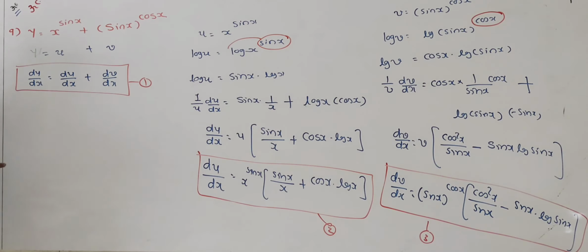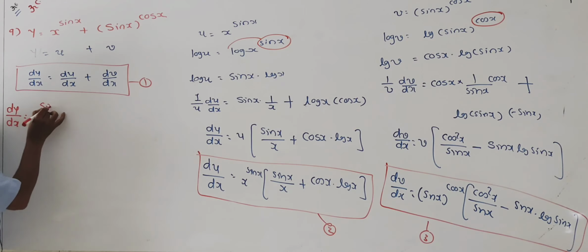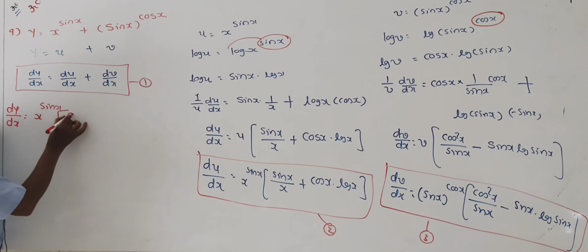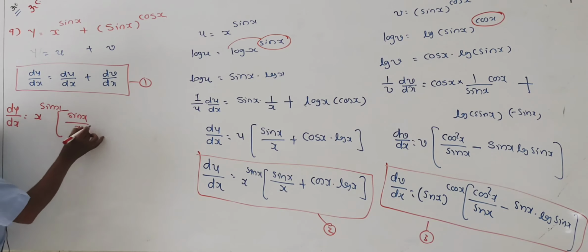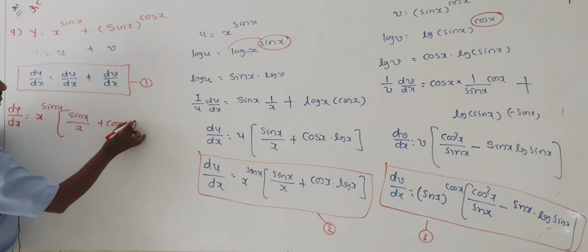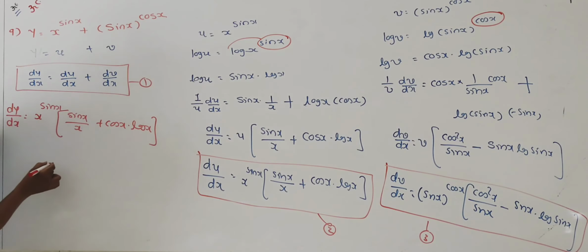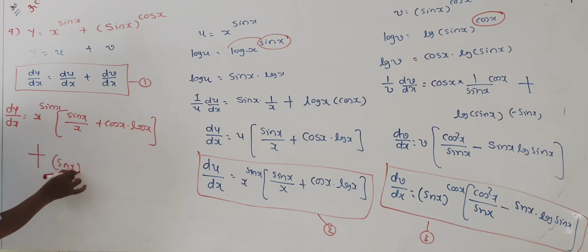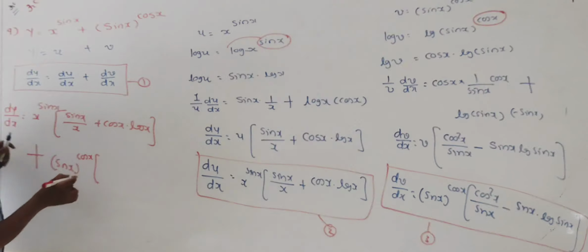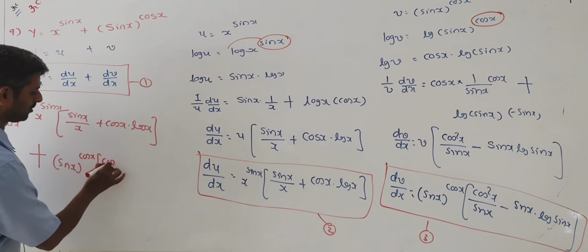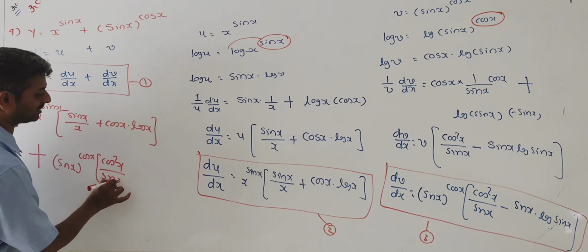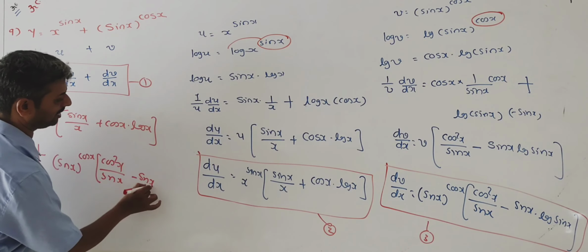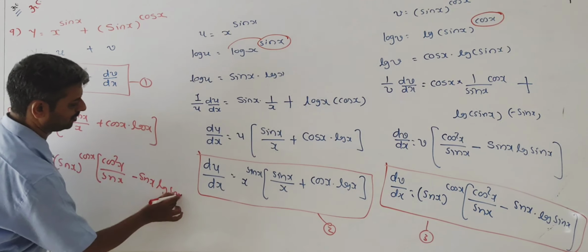So now dy by dx is equal to first x raised to sin x into sin x upon x plus cos x into log x, plus sin x raised to cos x into cos square x upon sin x minus sin x log sin x.